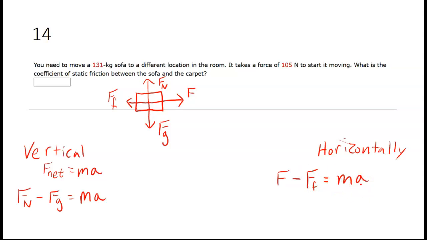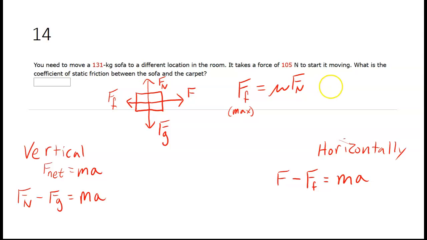Now, if you think about applying a force to a couch, you know that you're not going to move it with any force. There's a minimum amount of force. When we look at the force of friction, we also see that the force of friction doesn't really have a minimum value, but for static friction, it does have a maximum value, where the coefficient times the normal force would give you the maximum value for that frictional force.